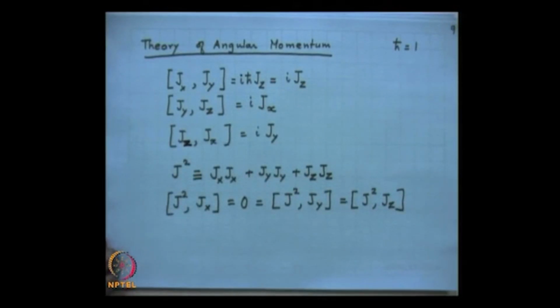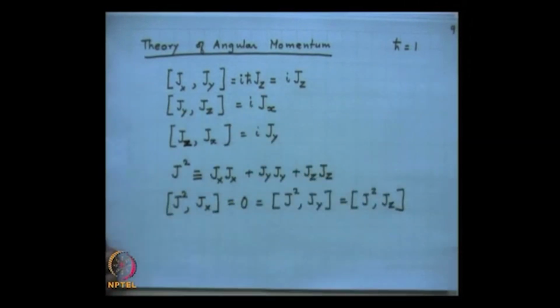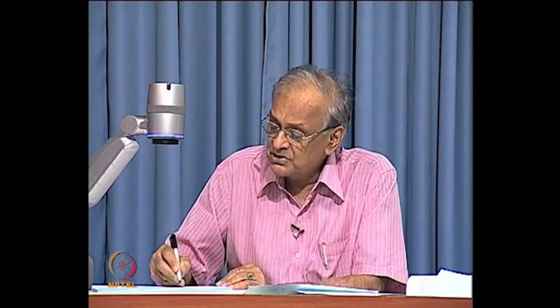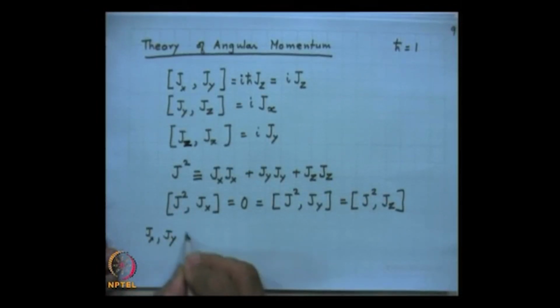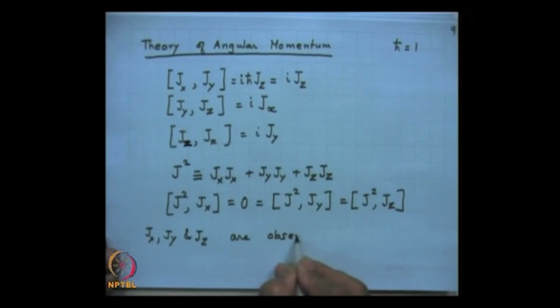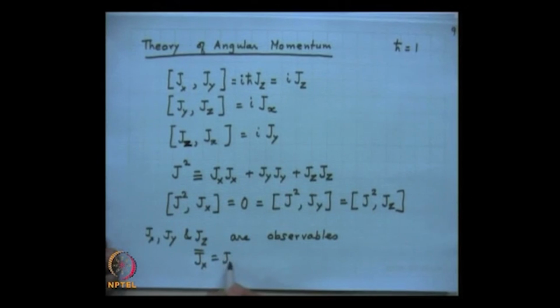Further, since J x represents the x component of the angular momentum, it is an observable. Therefore, it must be represented by a Hermitian operator, by a real operator. Because J x, J y and J z are observables, J x bar is equal to J x, that is, they are all real operators.